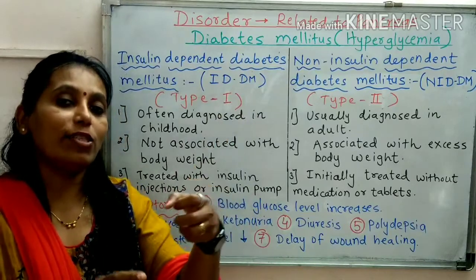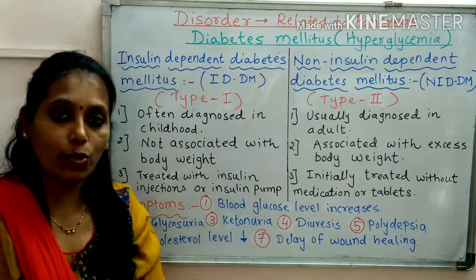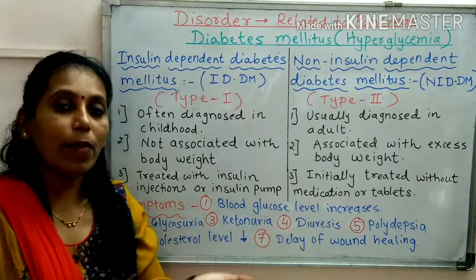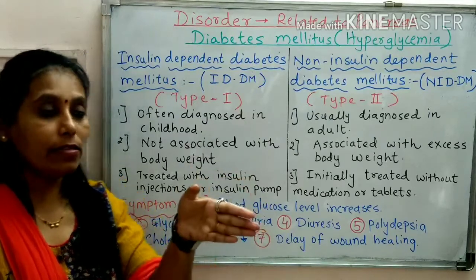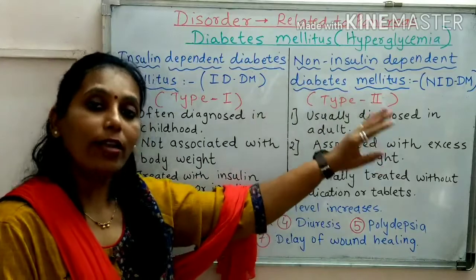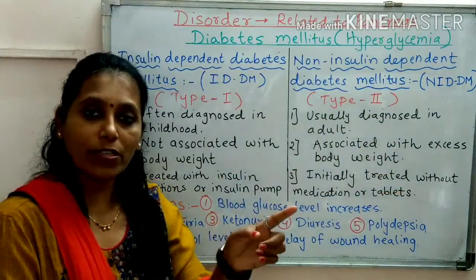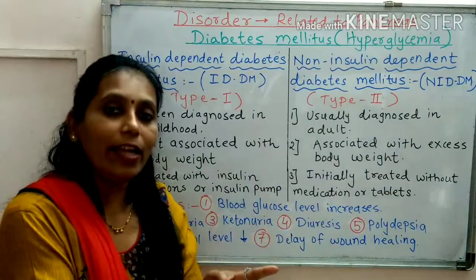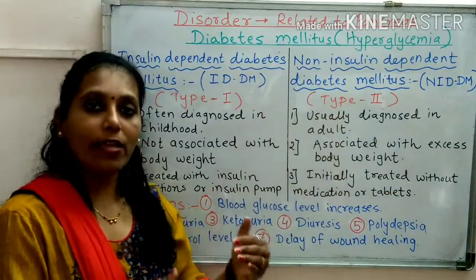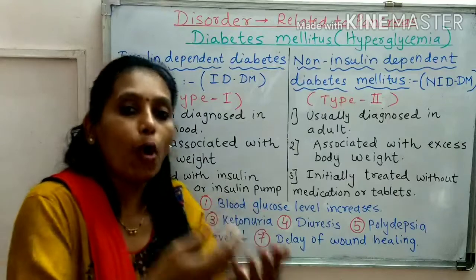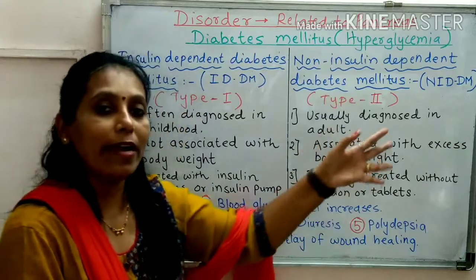As these cells are destroyed, they will not secrete insulin, and naturally the blood glucose level will increase. In the second condition, insulin is secreted but in very small quantity, and the body is not giving proper response to that insulin.